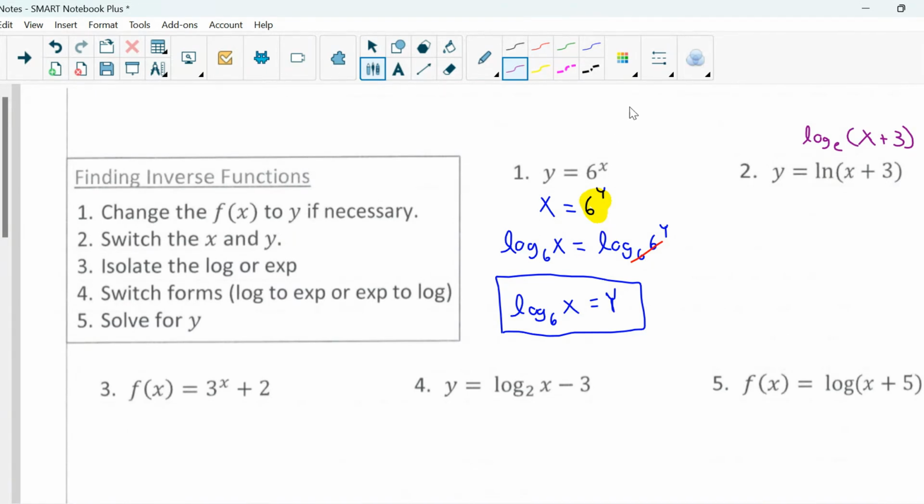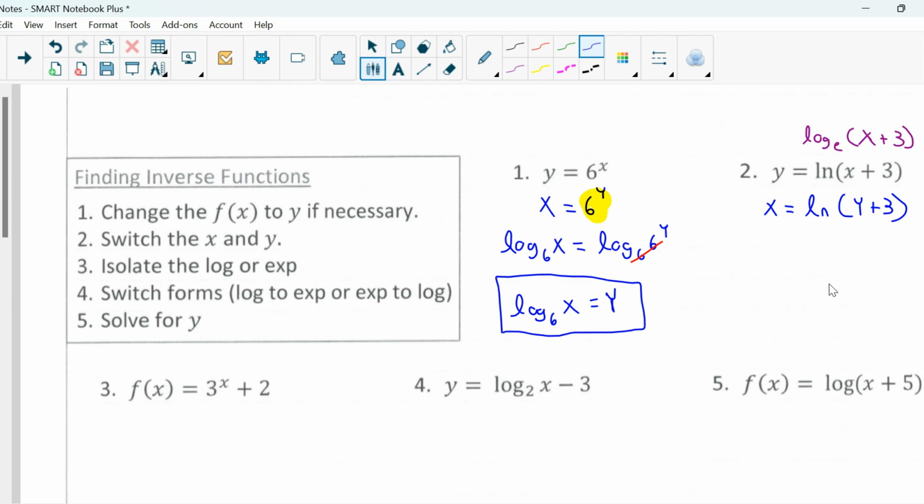So that's going to be my first step. I'm skipping ahead here. I forgot, we need to switch our x and y. So I have x equals the natural log of y plus 3. So my first step, swap my x and y.